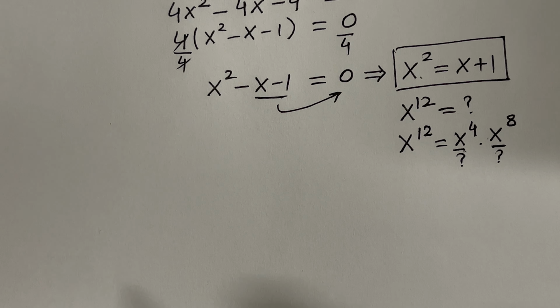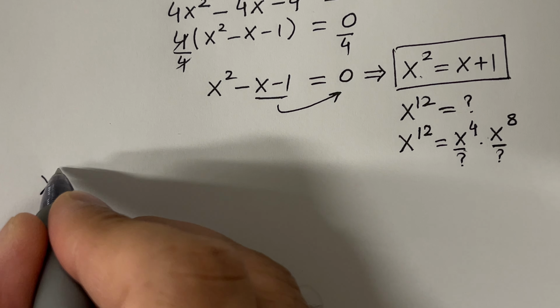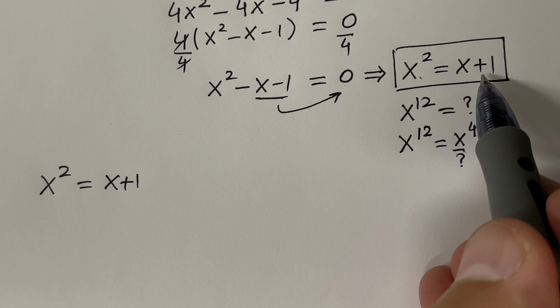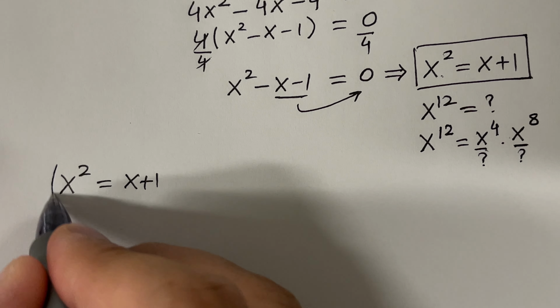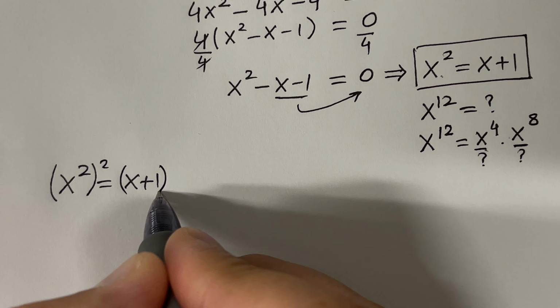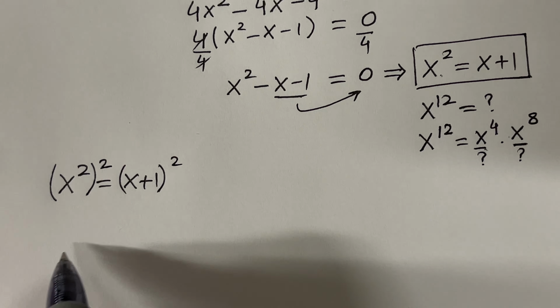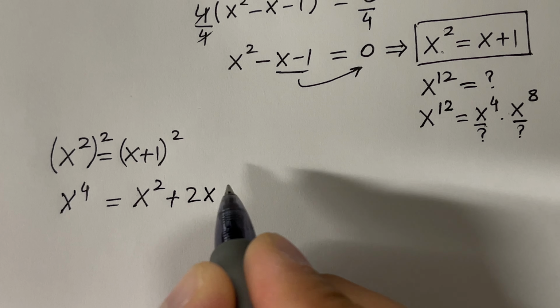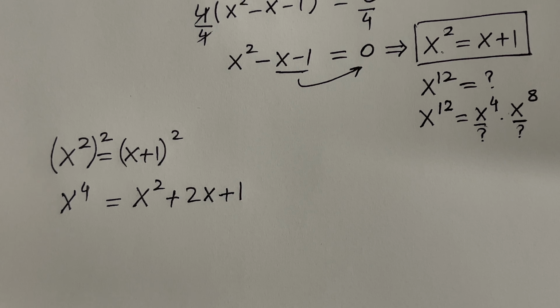Here we had x square equal to x plus 1. This is x square that we just got. Let's take squares on both sides. Then x raised to the power 4 is equal to, let's open this square, a square plus 2ab plus b square.